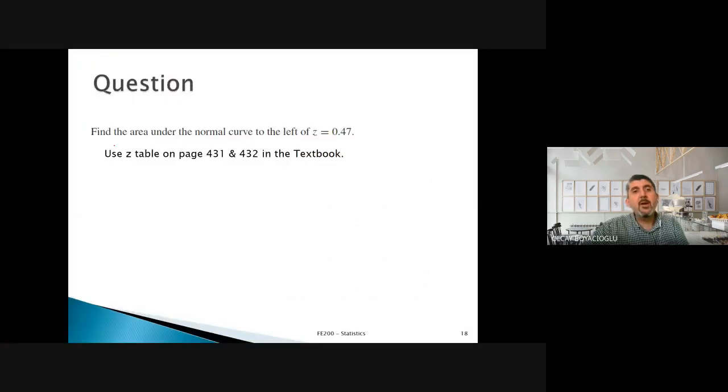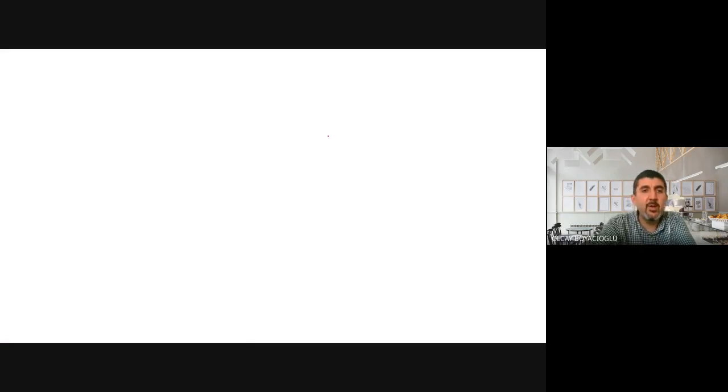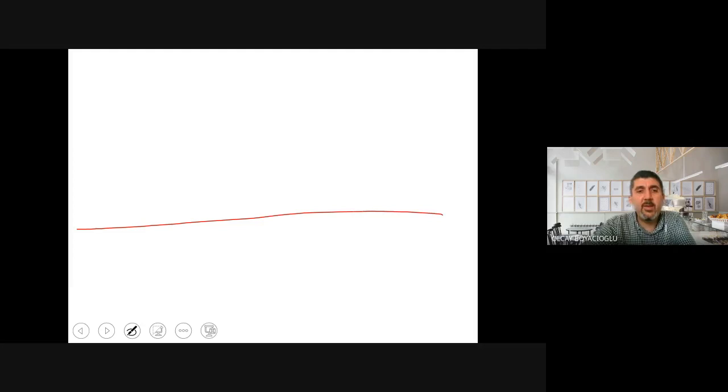Now it says, find the area under the normal curve to the left of Z equals 0.47. Okay, let's try to imagine what is being asked from us here. We have a Z distribution.